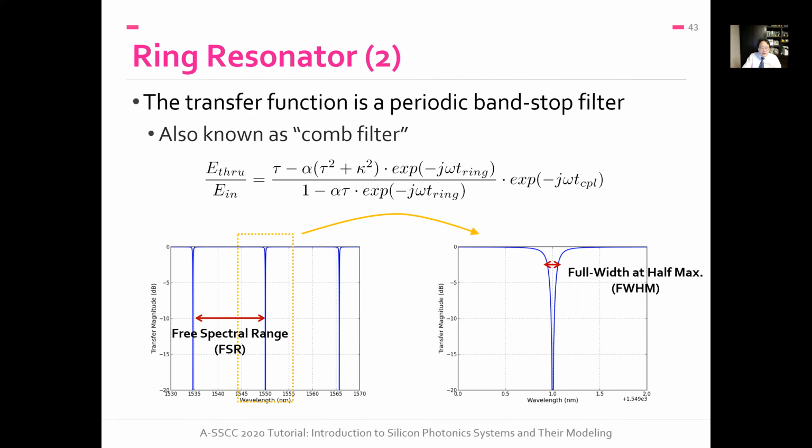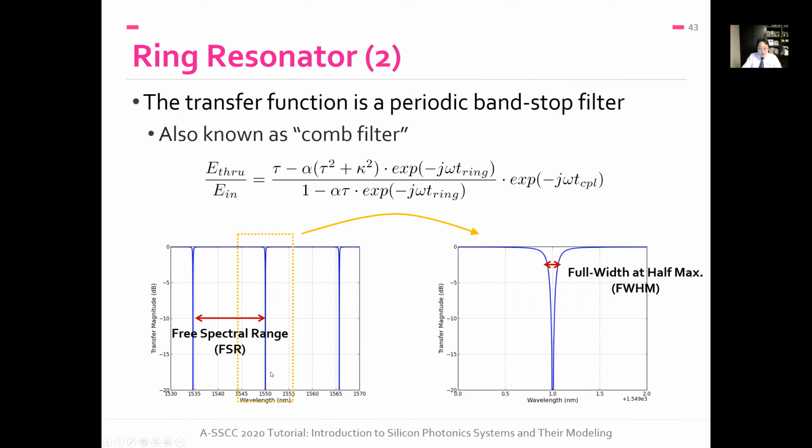And it turns out those wavelengths are not a single value, it's multiple values. So you see this band stop filter with periodically spaced resonant frequencies, and the spacing between two adjacent resonant frequencies or two notches is called the free spectral range.